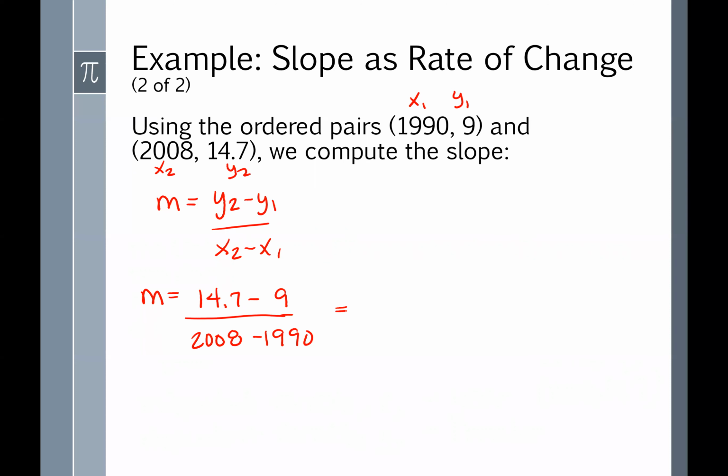So we're going to take our handy dandy calculator out and do this calculation. So we have 14.7 minus 9, 5.7 over 2008 minus 1990, which is 18. So we're going to now divide 5.7 by 18.